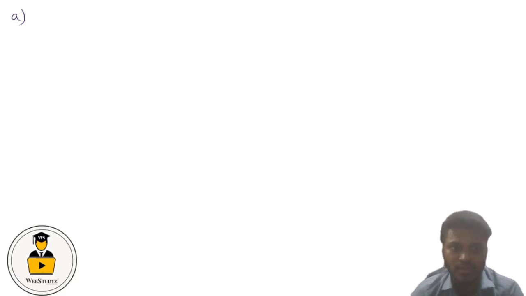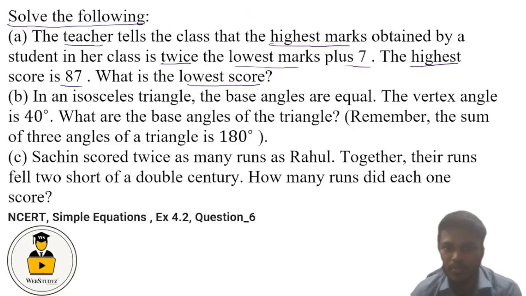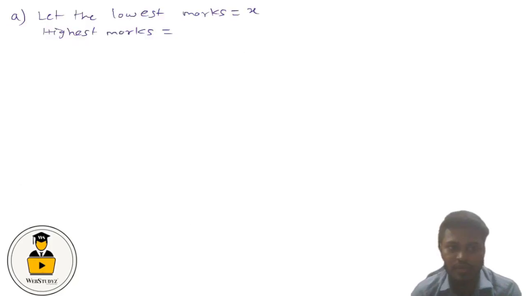So let us assume the lowest marks equal x. Now we have been given the highest marks as 87, and we have been given the condition for the highest mark.